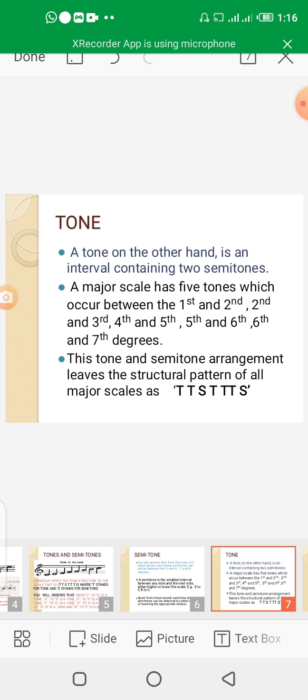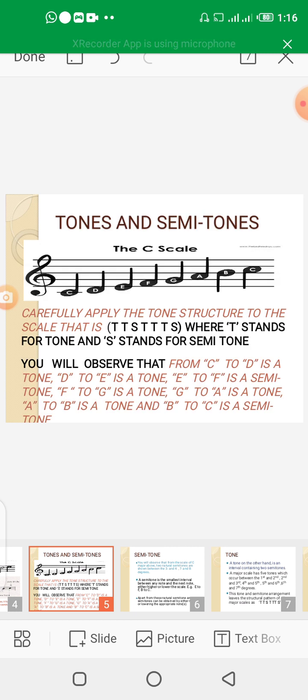I repeat it again. A major scale has 5 tones which occur between the first and the second.